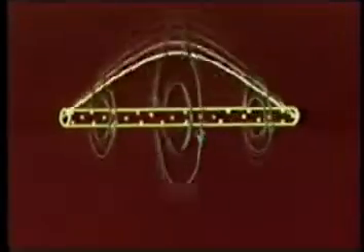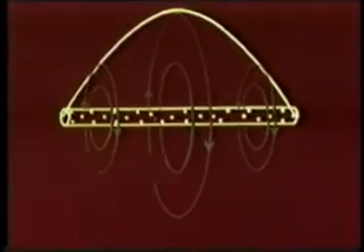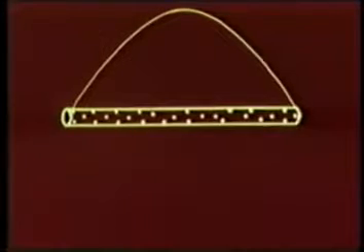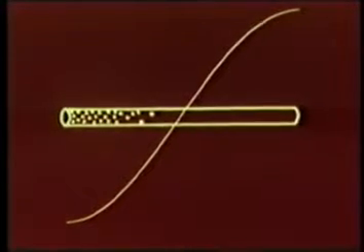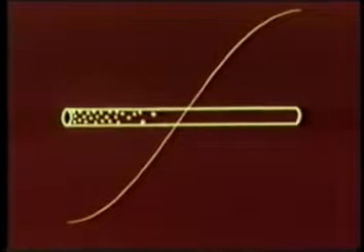The strength of this field is proportional to the amplitude of the current standing wave. This current standing wave is 90 degrees out of phase with the voltage standing wave. At this instant, the antenna has a positive voltage at this end and a negative voltage at this end.